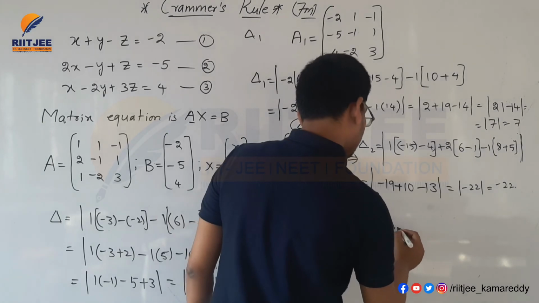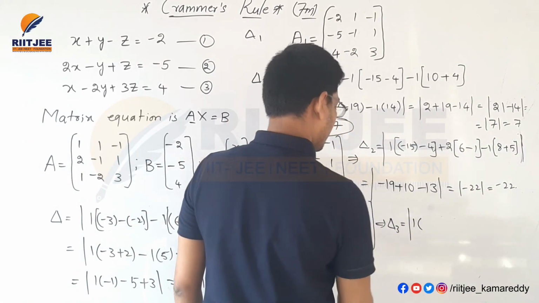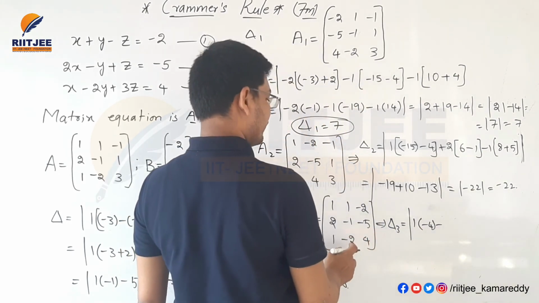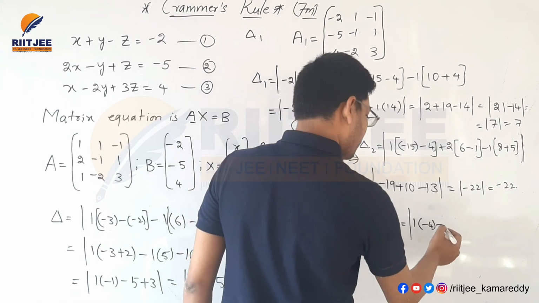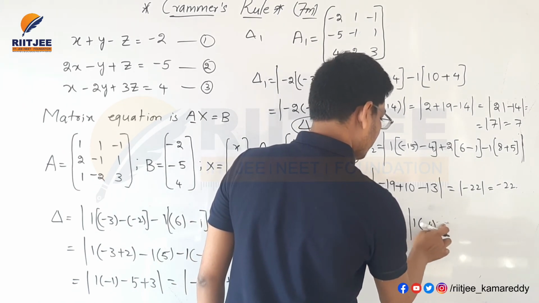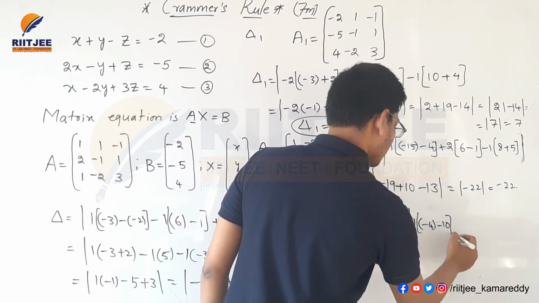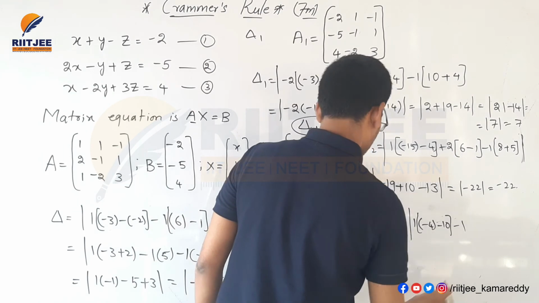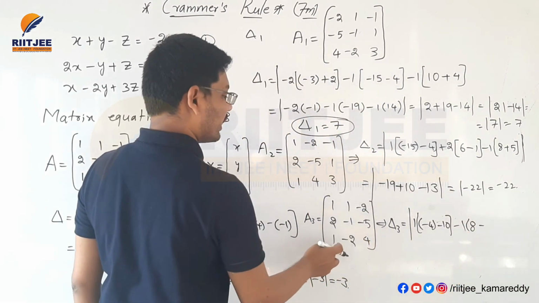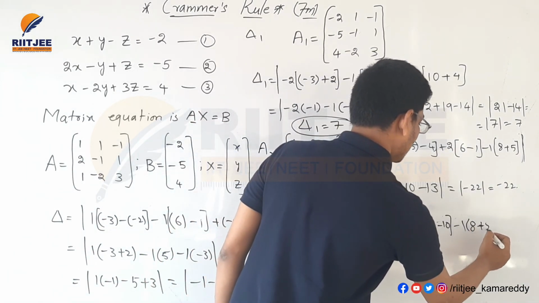To find delta 3, modulus of 1 into -1 into 4 is -4, minus of 5 into -2 is plus 10, -1 into -5 into -2 is -10, that is equal to minus of 1 into 2 into 4 is 8 here, minus 5 into plus 1 plus 5, that becomes plus 5 here.